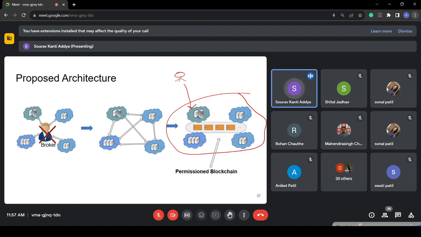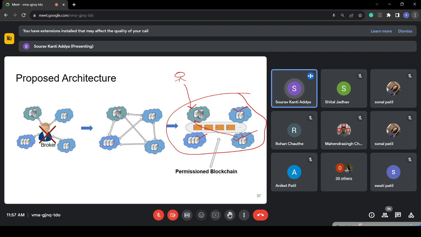Now what can it do? It can seek service from its peers. Here, these three are peers of this service provider. So it can ask for help from its peers, and maybe one of them has that particular service to be provided.